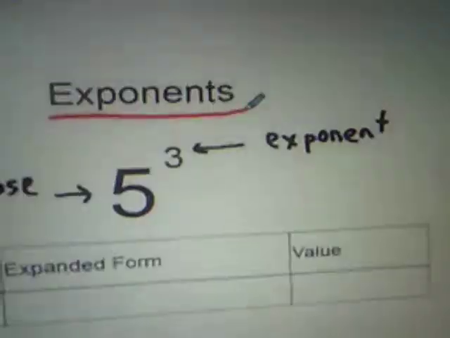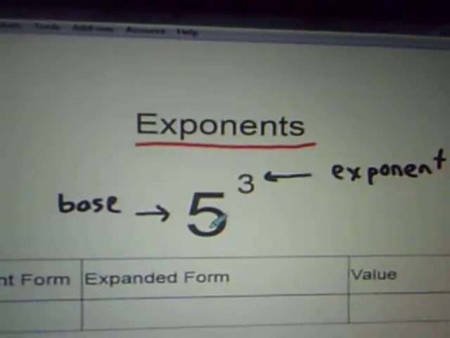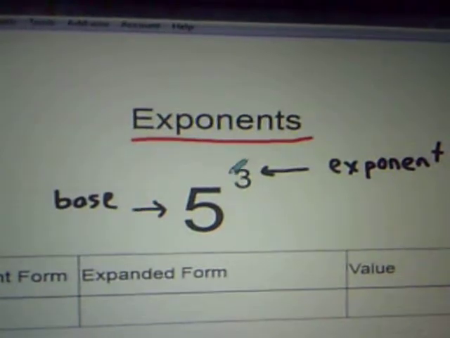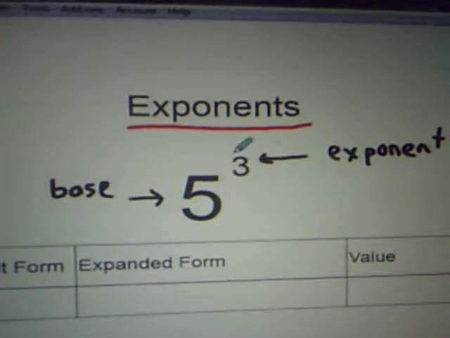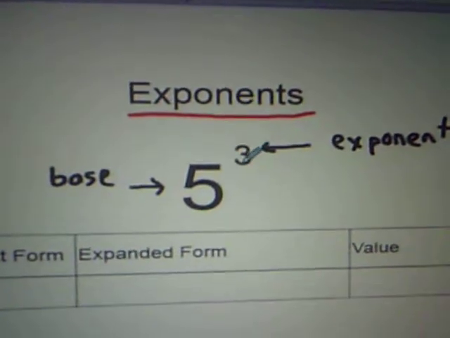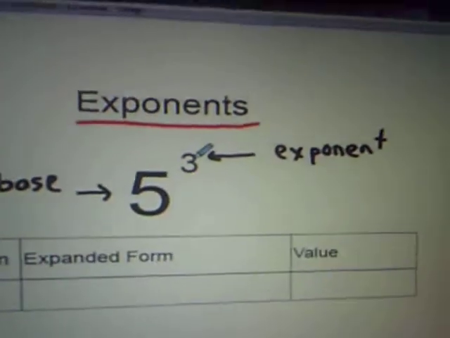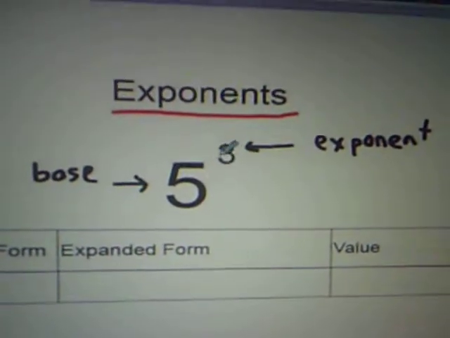Let's look at this example here. This number is a 5 with a little 3 up and to the right. This little number that is above and smaller than this number here is called the exponent. Okay? And I'll explain what that means in a second.